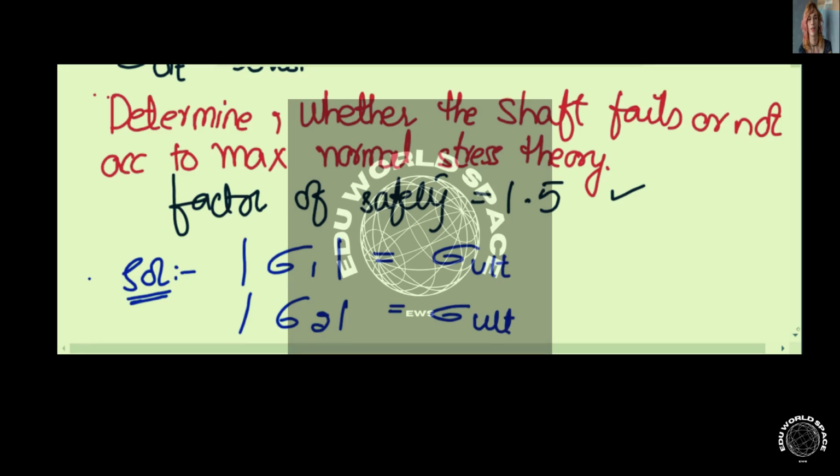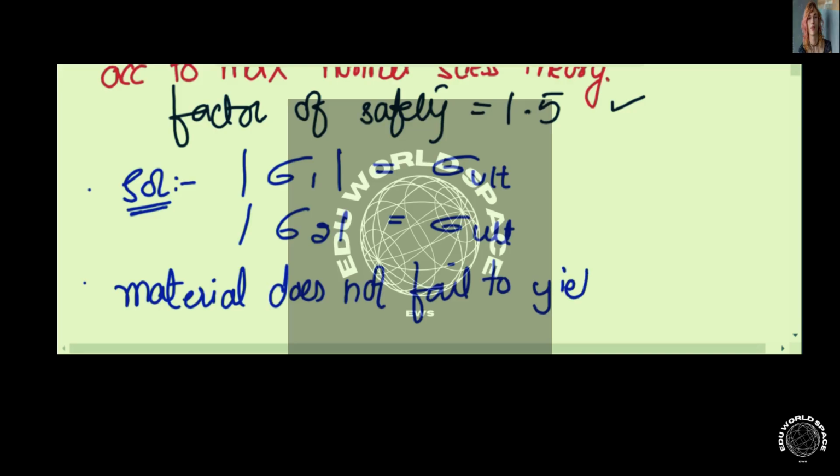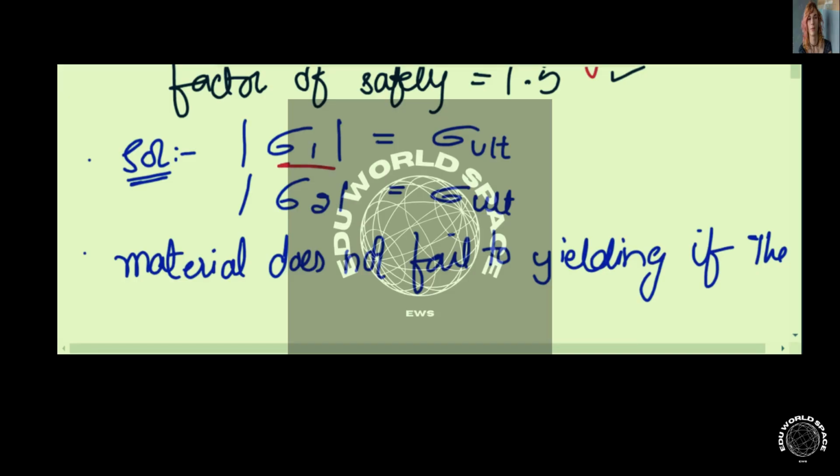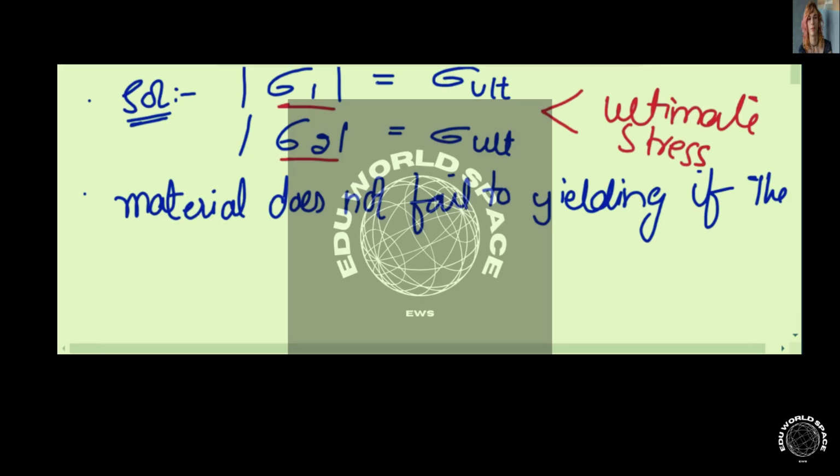So we can say that the material does not fail to yielding if the principal stresses are less than the ultimate stress.